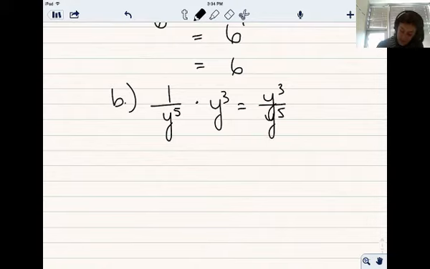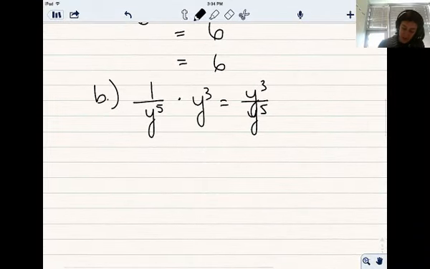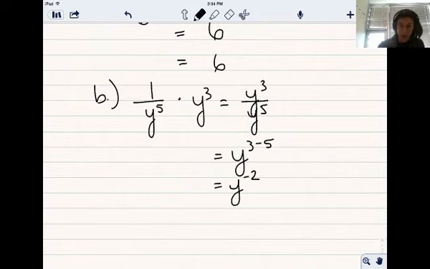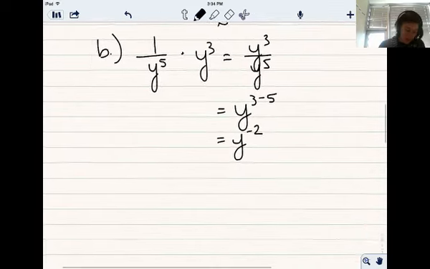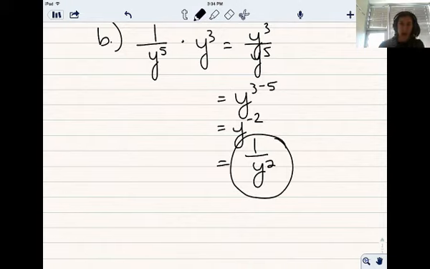If I apply that quotient of powers property, I would get y to the 3 minus 5 power, or if I simplify that, y to the negative 2 power. But we already know that we always want to get rid of those negative exponents by putting them in the denominator. So that would be equal to 1 over y squared. Once I flip that, or find the reciprocal of y squared, and get that down in the denominator, the negative exponent goes away.